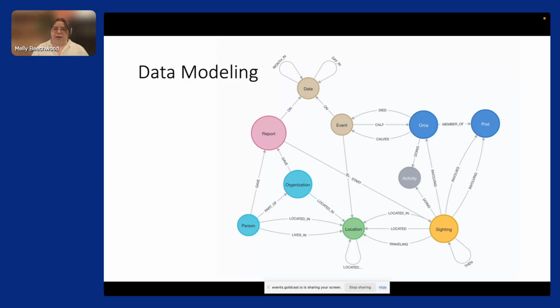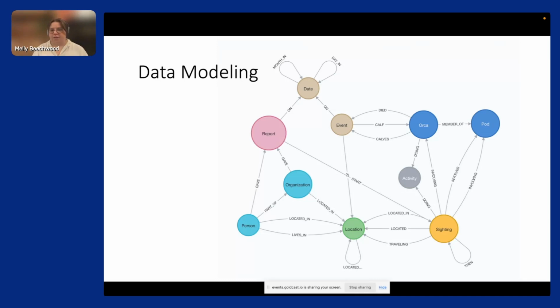Then comes data modeling. Well, I shouldn't say then, this is really part of that data ingestion, but it's so specific to the problem you're trying to solve. Here's an example of what a portion of the data model for the Orca graph looks like right now.